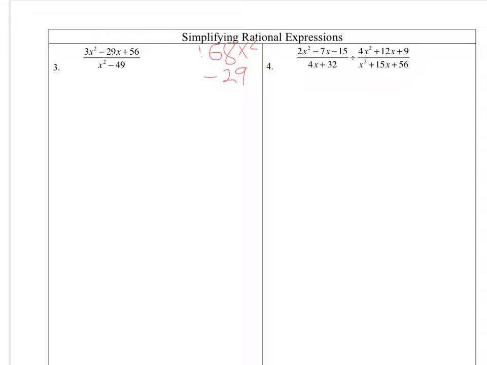Well, the only thing that I know that multiplies to 168, I want to say, is 12 times 14. I think that's right. And then I'm going to build from there.